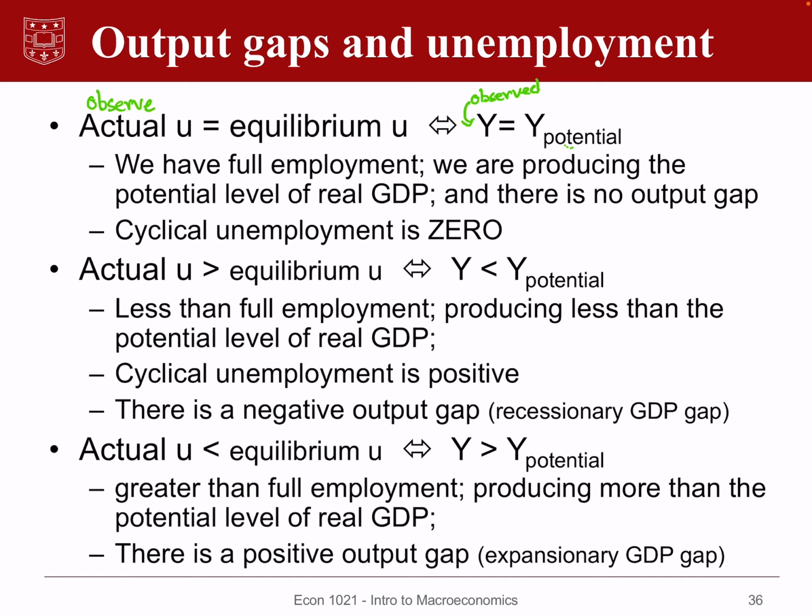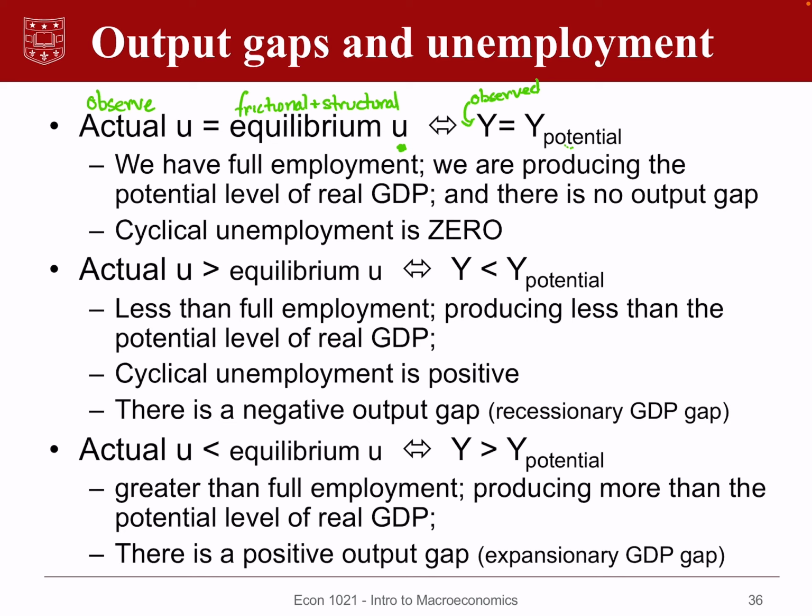Is it equal to, above, or below the one that we think of as being consistent with frictional plus structural unemployment? And again, if the observed unemployment rate is the one that we think of as being consistent with frictional and structural unemployment or full employment, then by definition, cyclical unemployment is zero.